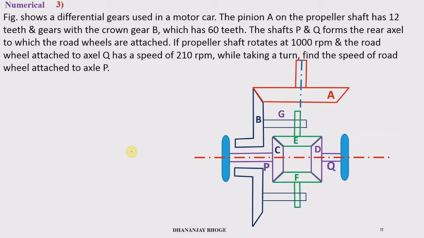What you will note here is that gear A, which is on the propeller shaft, is not part of the epicyclic gear train. A drives the gear train by driving crown gear B.